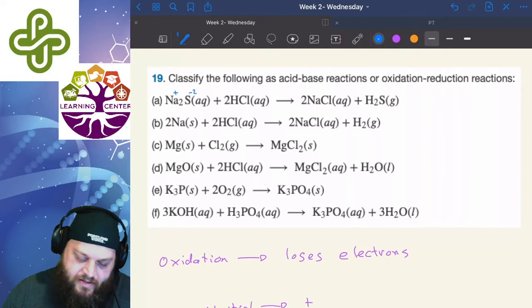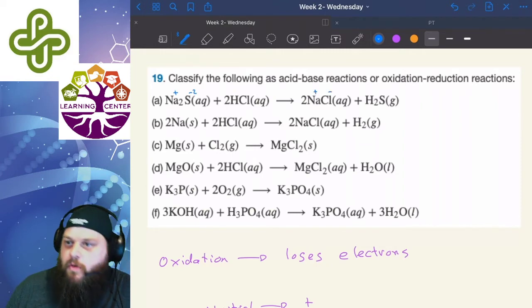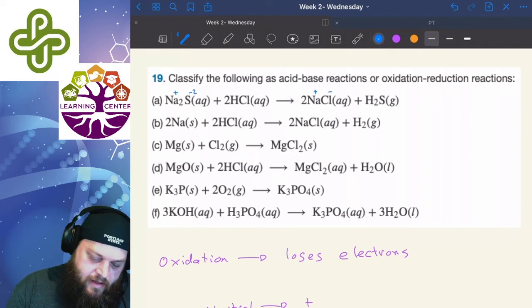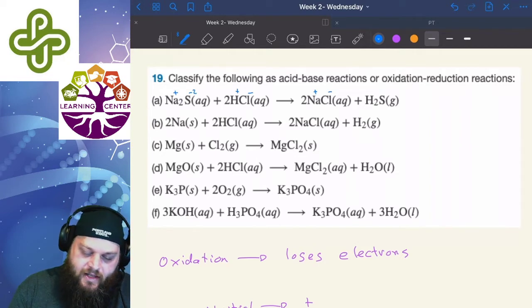Looking at the right-hand side, I have a +1 on my sodium and a -1 on my chloride. There are 2 of them total, so we do have a balanced reaction, and there's no change in charge for the sodium. Looking at the hydrogen chloride here, chloride's still negative, hydrogen's still positive. The chloride stays a negative charge on both of those.